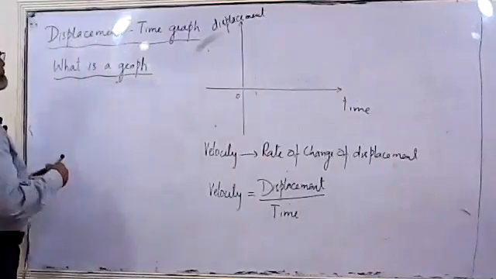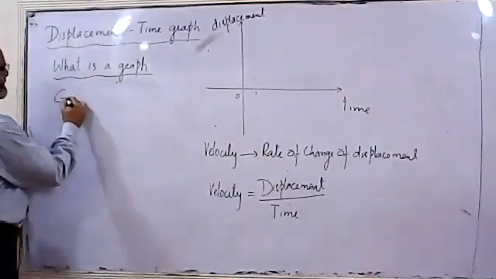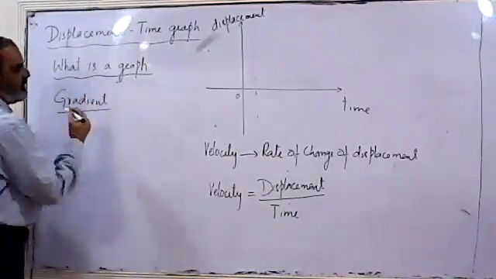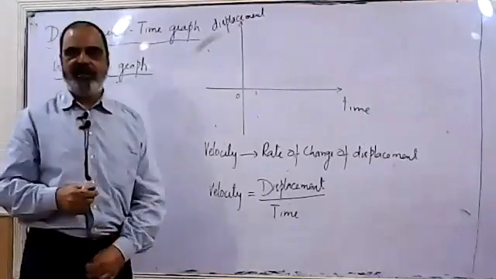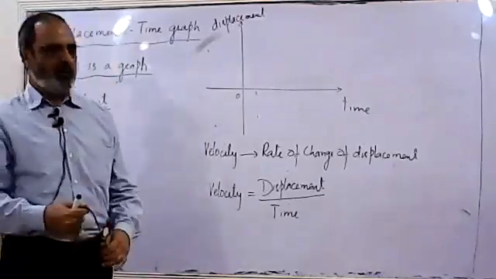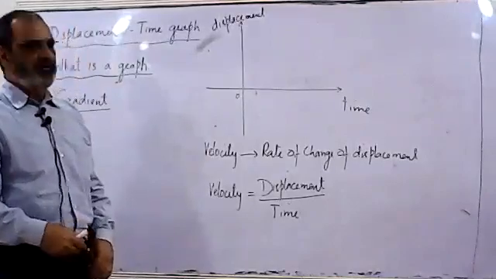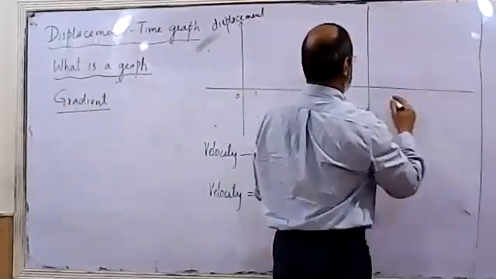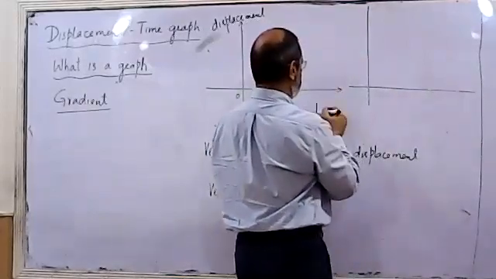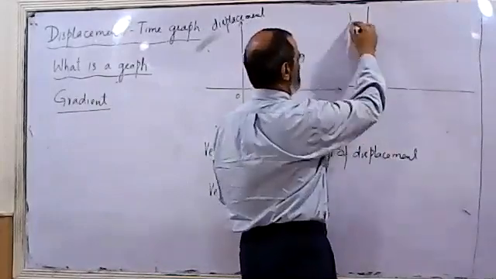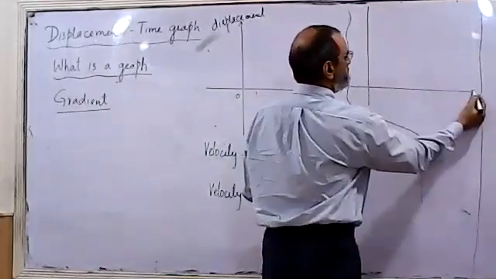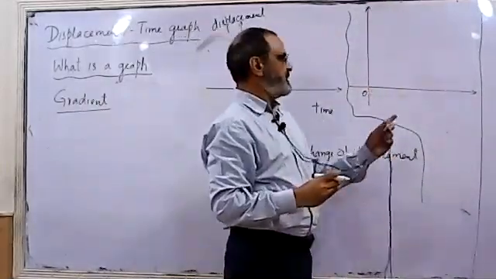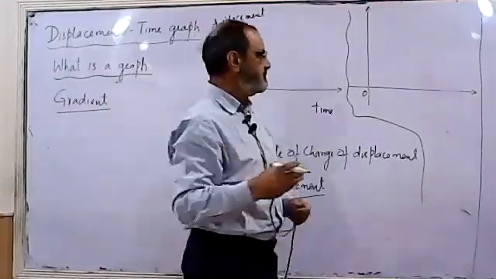Another term we have to consider is gradient. Gradient of a line. What does the gradient of a line mean? You people are quite familiar with it. Now I am not considering any physical quantity along the x-axis or y-axis. I'm just considering a line.